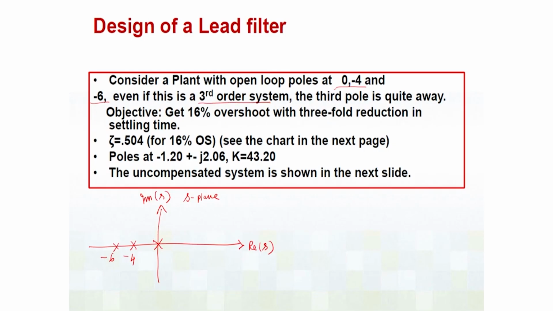So, this plant I can also write down, and there is no zero in this system. So the plant transfer function can be written as something like 1 over S into S plus 4 into S plus 6. That is the uncompensated transfer function. The plant is a third order system, we can clearly see, but because one pole is quite far away it may still behave like a second order system.